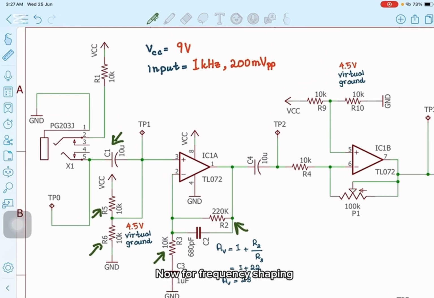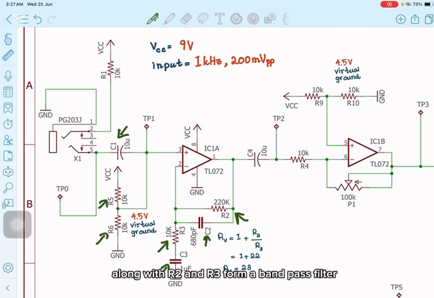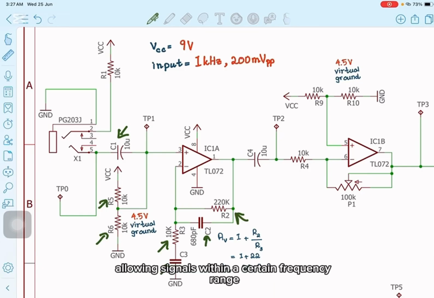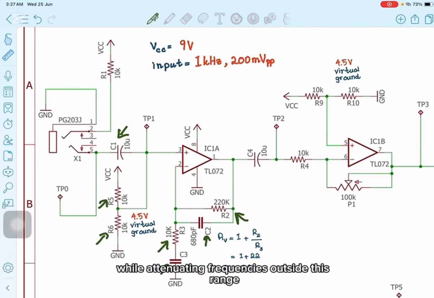Now for frequency shaping, C2 and C3, along with R2 and R3, form a bandpass filter, allowing signals mainly between 15 Hz and 1200 Hz to pass, while attenuating frequencies outside this range.